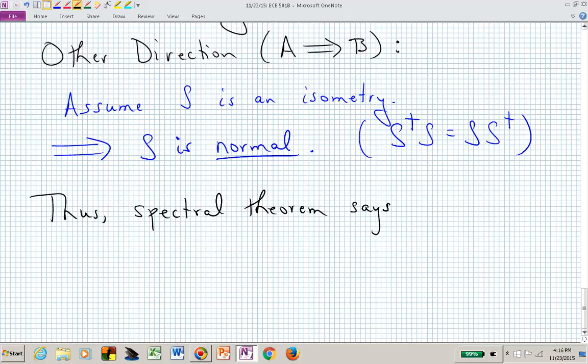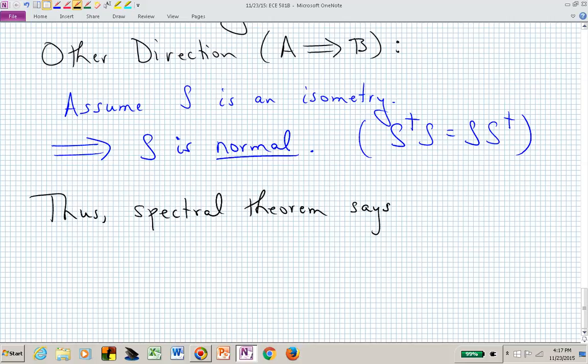If we have a normal operator, then that tells us something about those eigenvectors. It can be diagonalized, which means they are orthogonal, and if we're in an inner product space we can normalize them so that we have orthonormal eigenvectors.